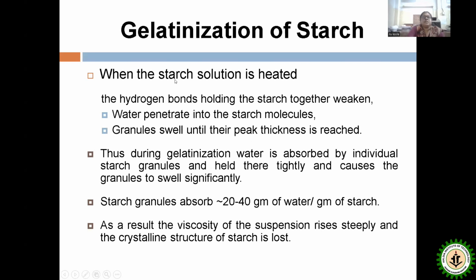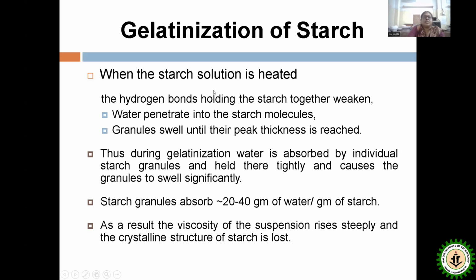Now, when the starch solution is heated, some changes occur within it. What are the changes? First, the hydrogen bonds binding the starch granules together become weakened. Since the starch granule is made up of amylose and amylopectin molecules, hydrogen bonds are formed between these molecules, and these hydrogen bonds hold the whole starch granule together.